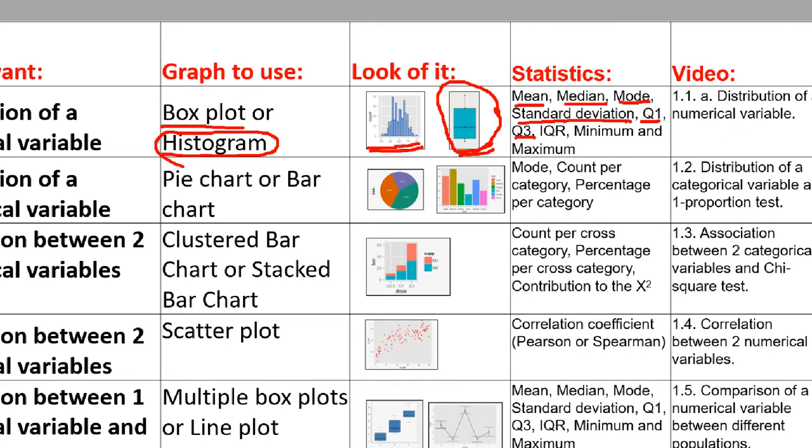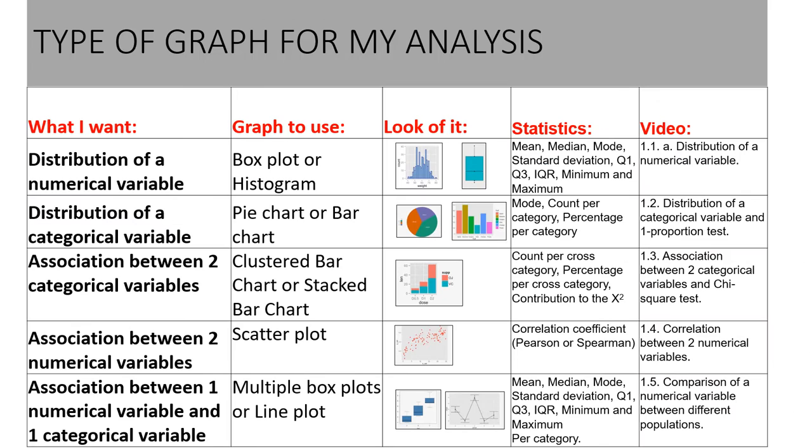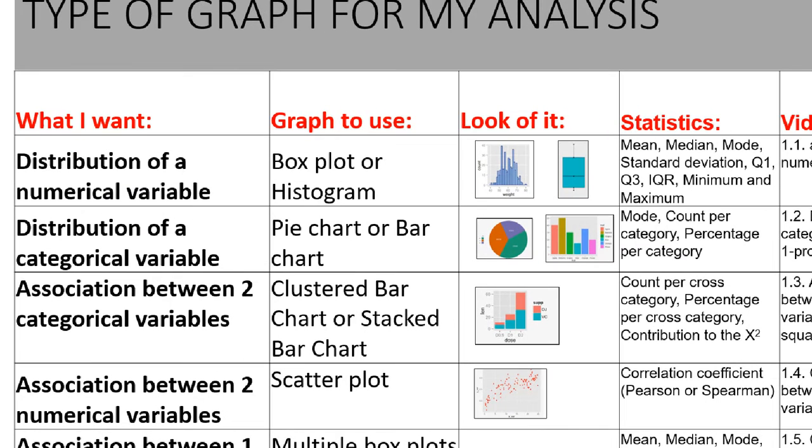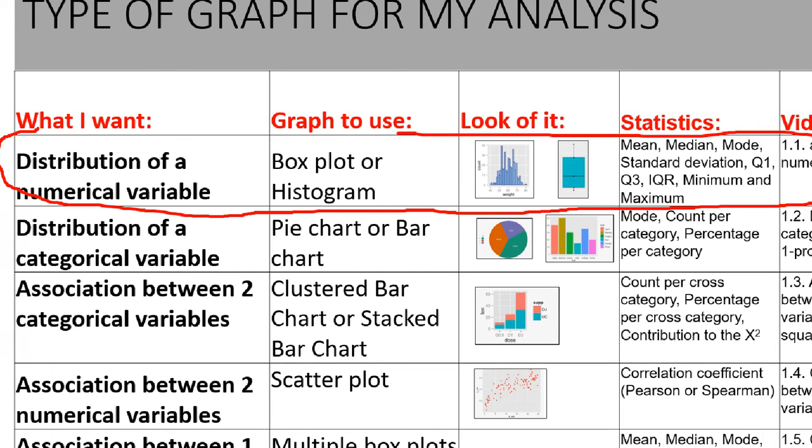So let's go back to this, distribution of a numerical variable. We will just focus on this first row of type of graph for my analysis. So we will analyze the distribution of a numerical variable in a data set.